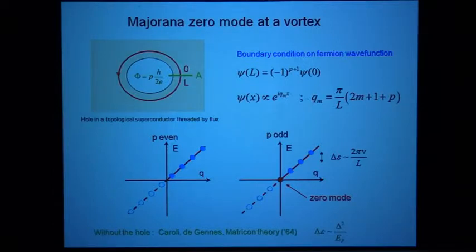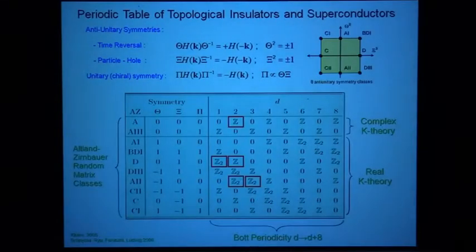Okay. All right. So this is a vortex in a topological superconductor. Now let me say a word about this general topological classification problem. If we're talking about classifying free fermion problems, we can have time reversal symmetry. Time reversal symmetry is an anti-unitary operator which takes k to minus k.